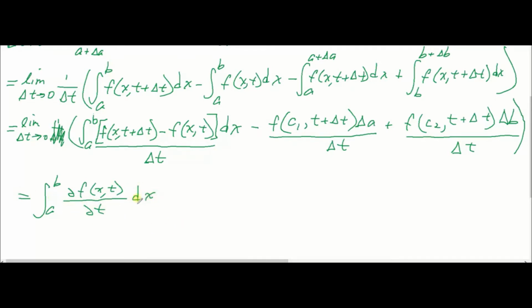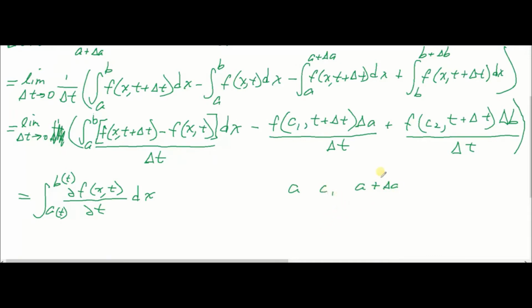Okay, and so this is done now. And of course, these are functions of t. We don't want to forget that. Okay, what happens when delta t goes to 0 here? Well, remember this C1, this was where we used the mean value theorem, and we had a and a plus delta a, and this was some value in between.